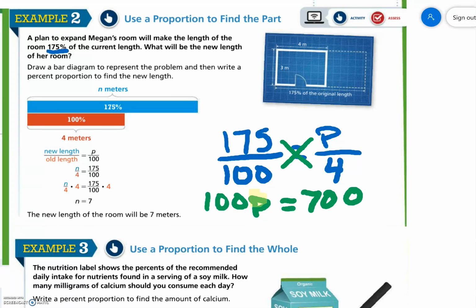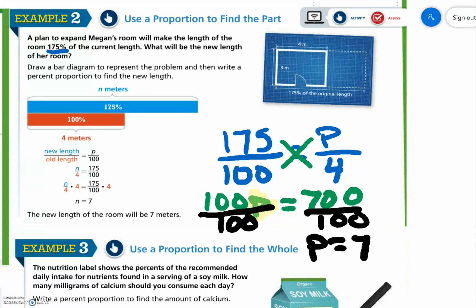Trying to get p alone, p is being bothered by 100. Do the inverse operation. Divide by 100. So p equals 7. So the new length of the room will be 7 meters. And this makes sense because 175% is bigger than 100%, which means her room is going to get bigger, and 7 is bigger than 4.